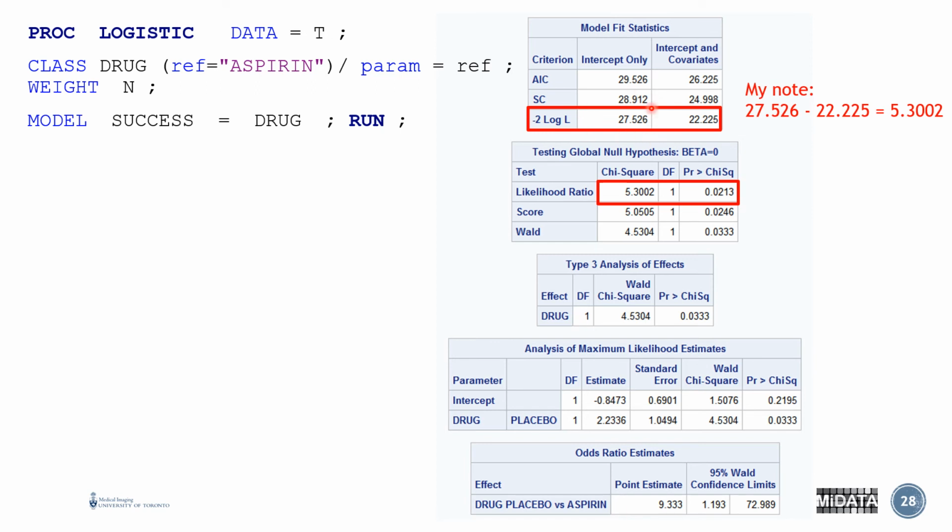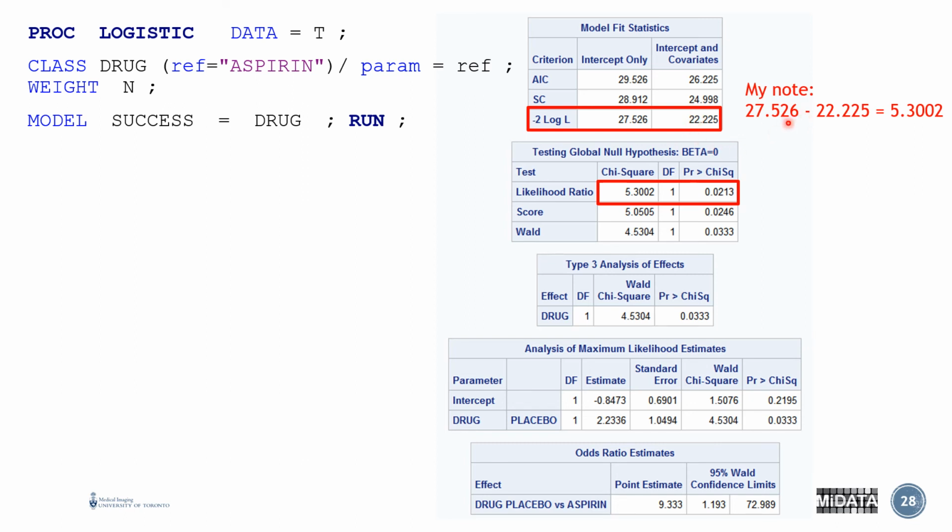And in this case, what we're doing is the hypothesized proportion is your intercept-only model, and then your intercept and covariates is your model. So in this case, we only have drug, which is our categorical variable of interest that we want to see if it's associated with the outcome.